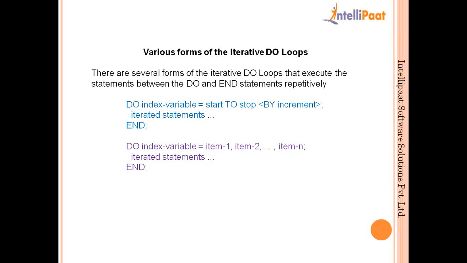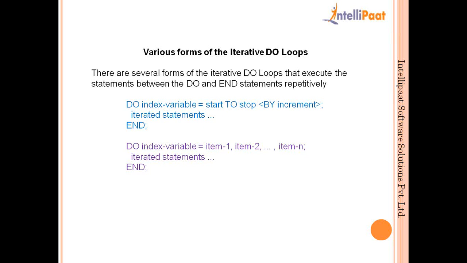The other way could be to write do index variable, then item 1, item 2, item n. This is the other way of running a loop, where you need to run the loop n number of times. You need to mention those numbers and it will run for each of them. And here is the place where we can use an array. As I said, an array is nothing but a collection of similar kind of objects.